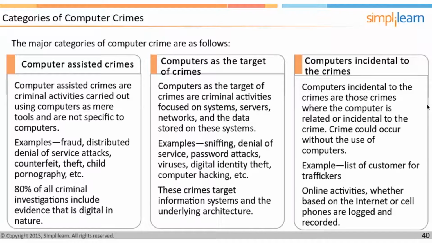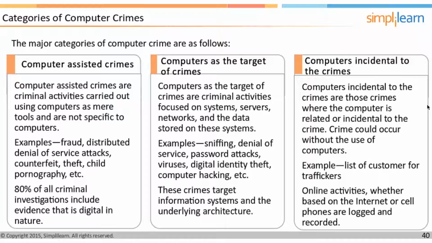And the third category is computer incidental to the crime. In this case, the crime would have occurred irrespective of the computer being there or not. It just happened that the computer was there when the crime occurred. So it's not really related to the crime.